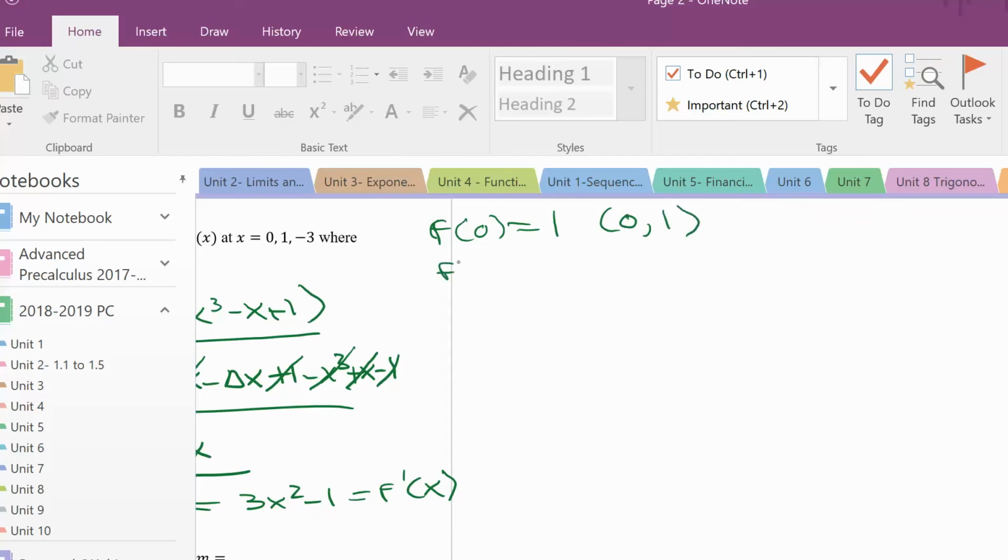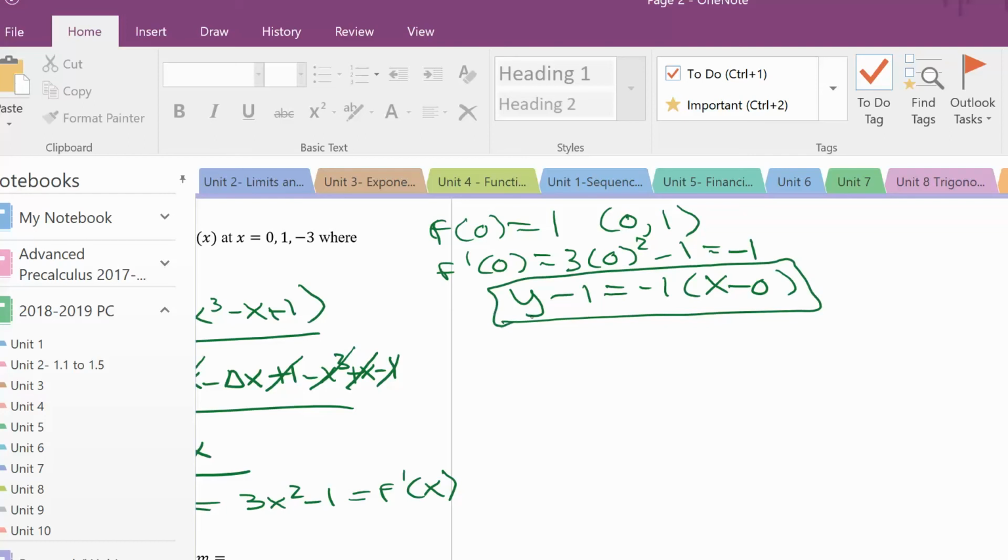Now to find the slope at 0, well, that's 3 times 0 squared minus 1, which is negative 1. So the equation for the tangent line at 0 is y minus 1 equals negative 1 times x minus 0. So that's the equation of the line at 0.